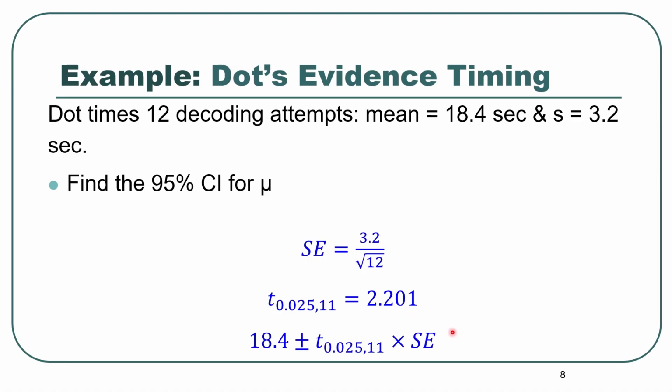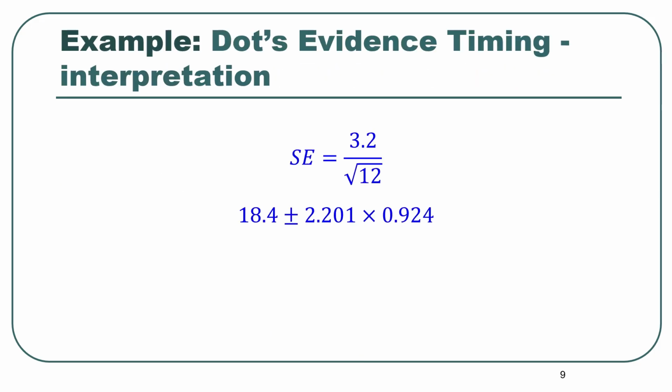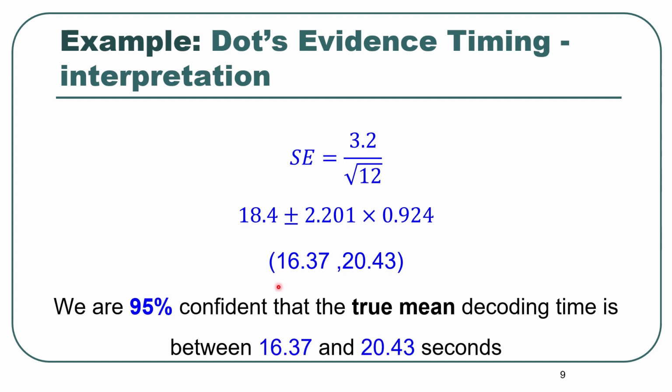Putting all of these pieces together in the formula of the confidence interval for estimating mu, we will get this confidence interval, which means that we are 95% confident that the true mean decoding time is between 16.37 seconds and 20.43 seconds.